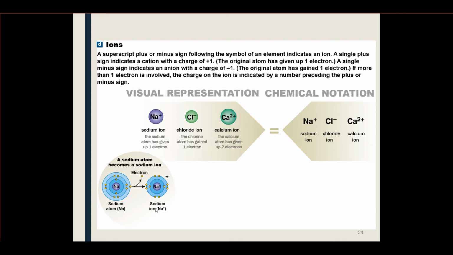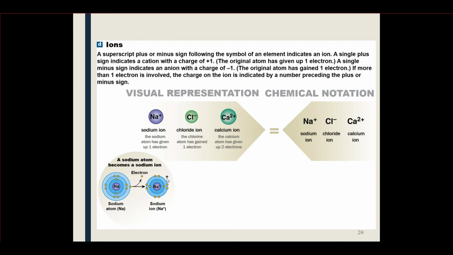It is stable, but what did we lose? An electron. If you remember from our previous lesson, what is the charge of an electron? It is negative. So by losing one negative, we're positive by 1. Why is that? We had 11 protons, but now we have 10 electrons.